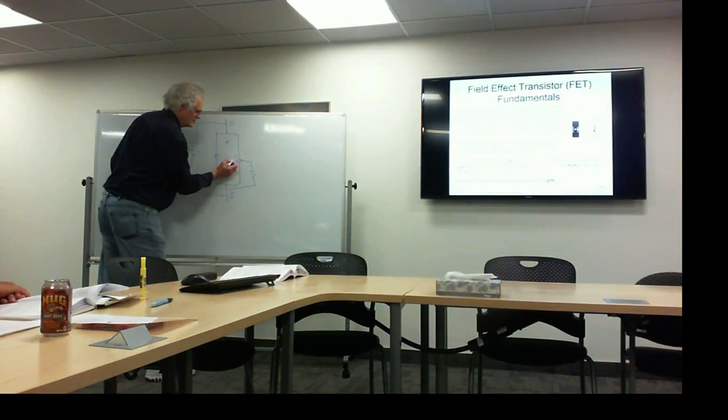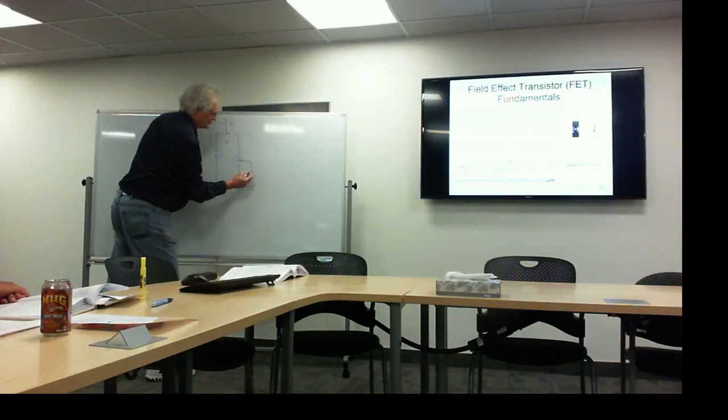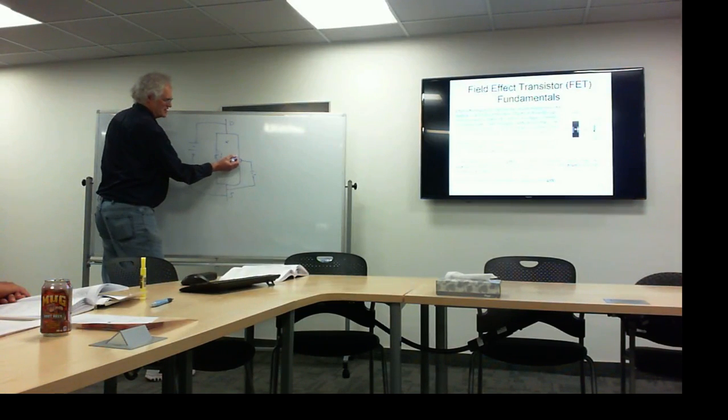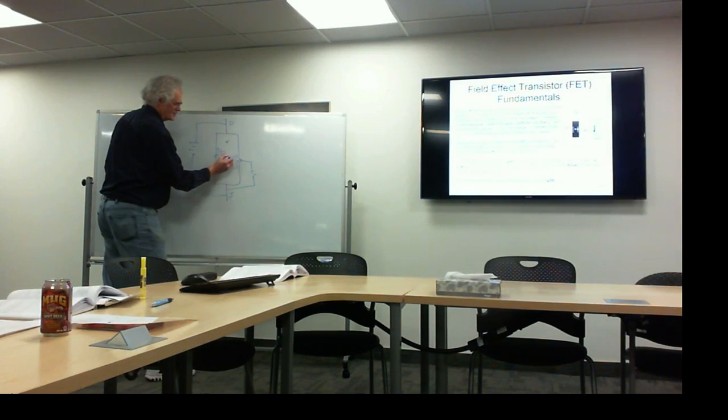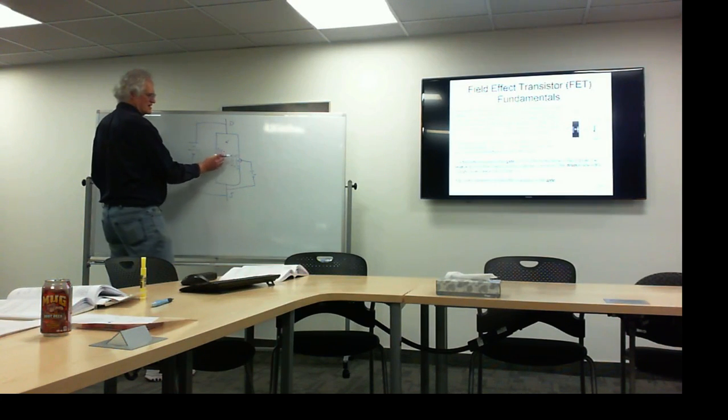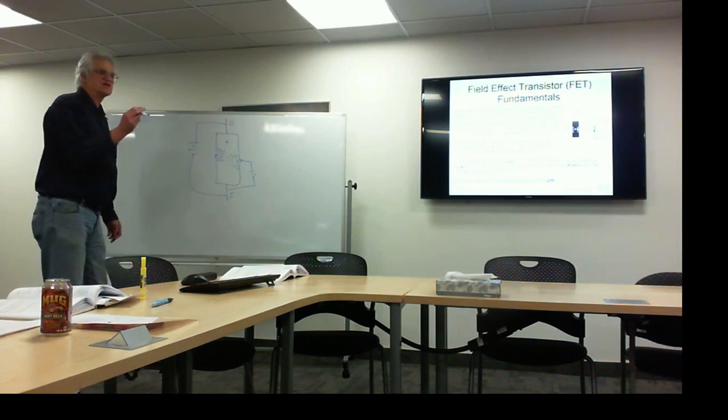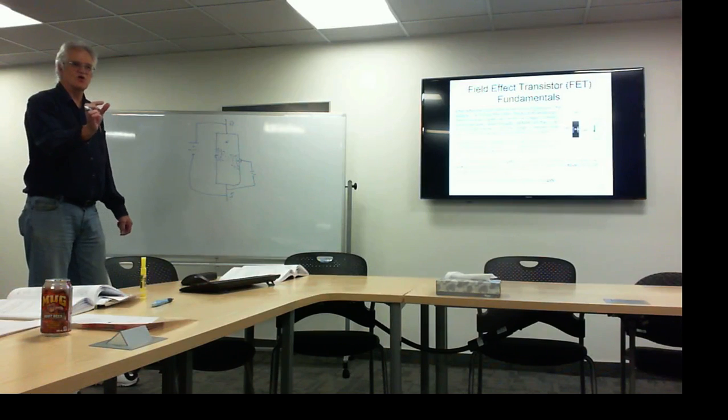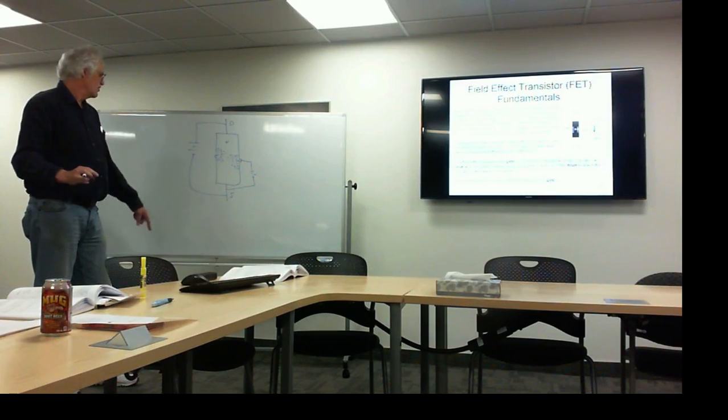The more bias we put, we make that a little bit bigger. As we increase the voltage, that field keeps getting bigger. Keep increasing the bias to the point where the field completely stops the current flow or pinches it off. Just as if you took a hose and pinched it, no water gets through.